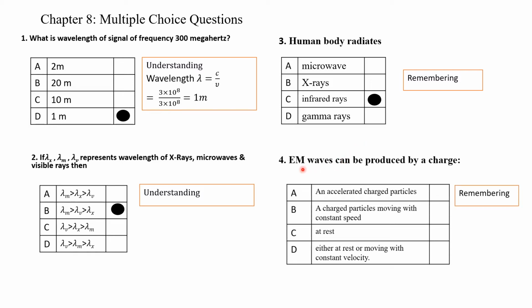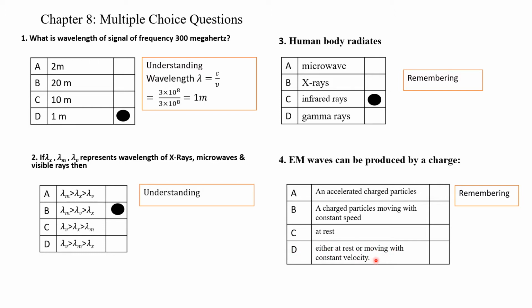Electromagnetic waves can be produced by a charge. So we have to know how an electromagnetic wave is produced. Four options are given. Option A is an accelerated charged particle, B is a charged particle moving with a constant speed, C is at rest, and option D is either at rest or moving with constant velocity.